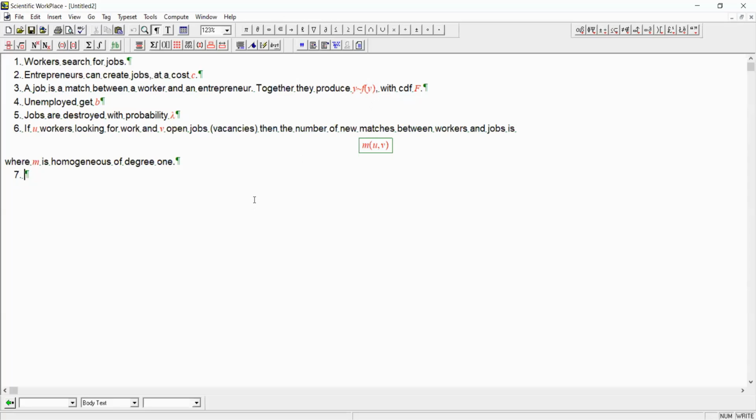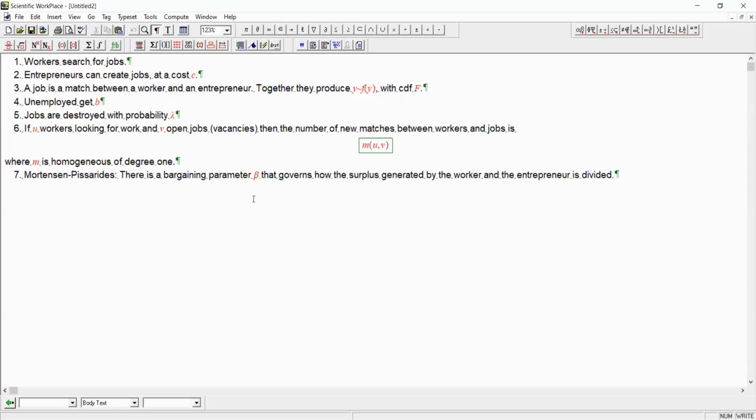So we're going to pursue the approach in Mortensen and Pissarides, which is to assume that there is a bargaining parameter beta that governs how the surplus generated by the worker and the entrepreneur is divided.